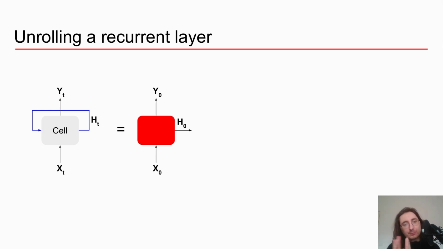So we'll start from the first step here. We'll pass in x0. x0 gets analyzed and processed by the cell, and we get an output which is h0, the state vector at time step 0, and then we have the output which is y0.